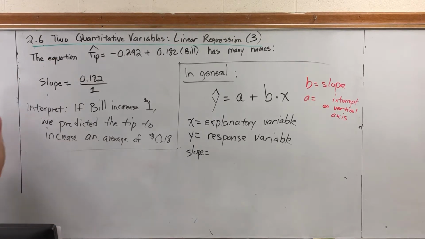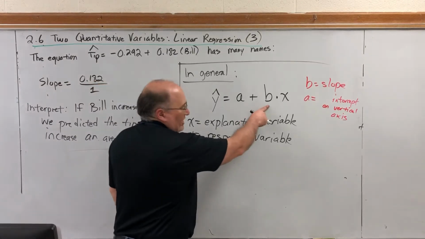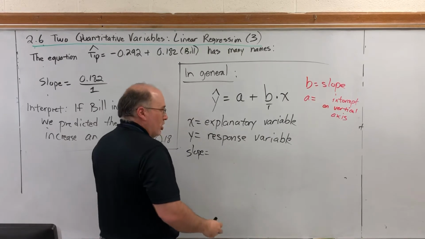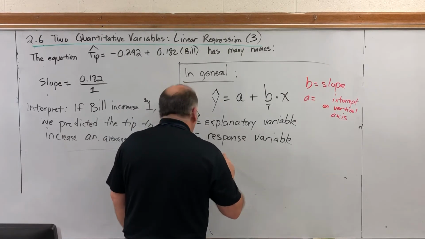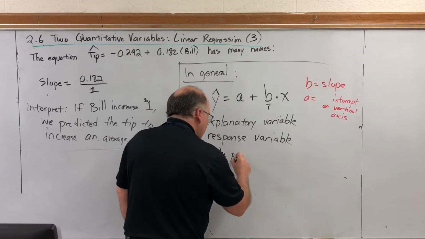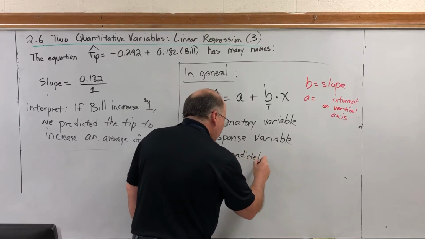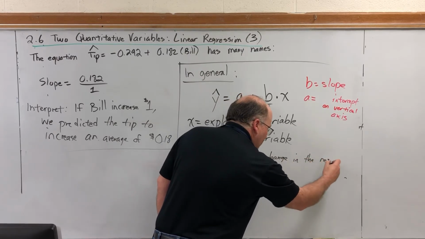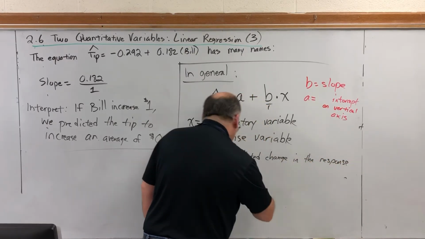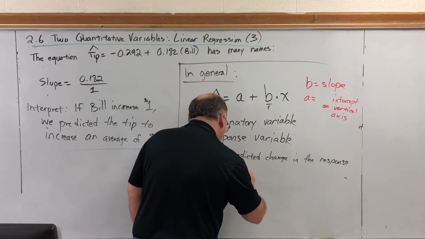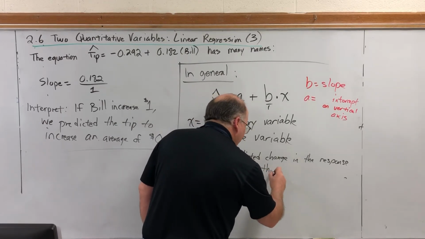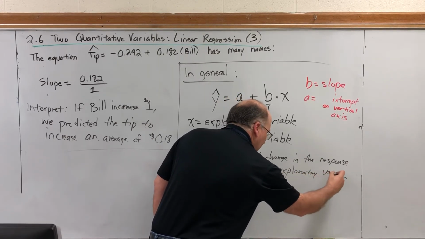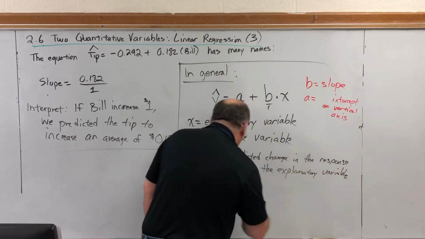Now, how do we interpret this in general? Well, we do the exact same thing. If we think of the slope as a fraction over 1, then we can interpret the slope to mean the following. The slope is the predicted change in the response variable if the explanatory variable increases by 1 unit.